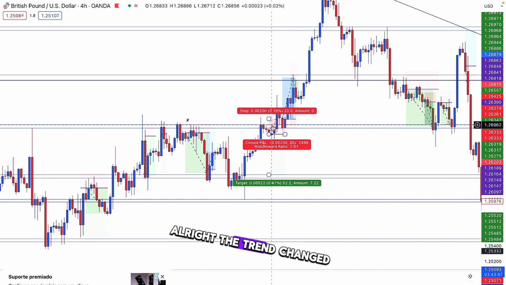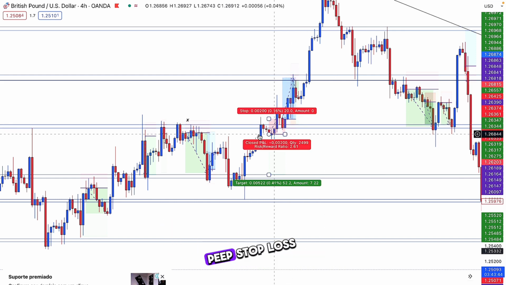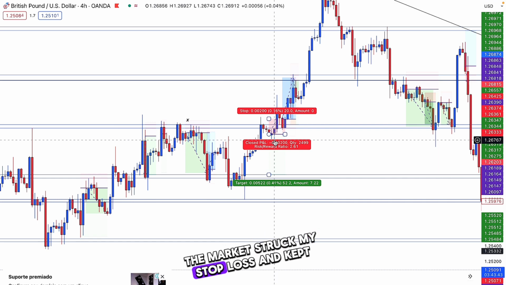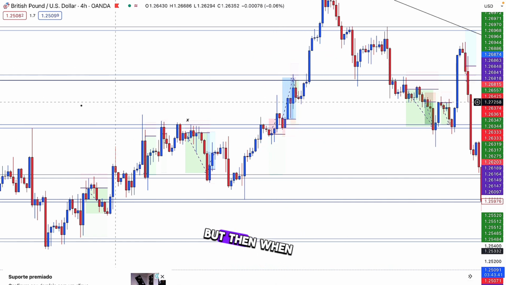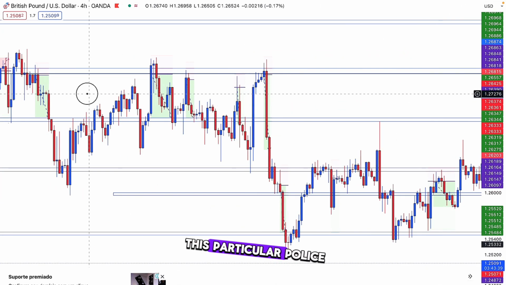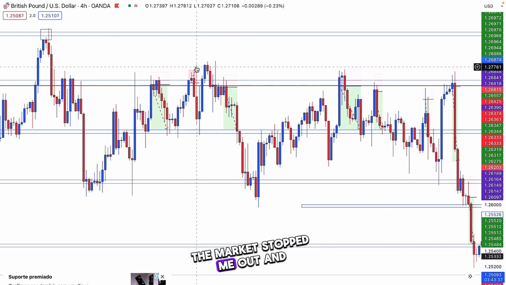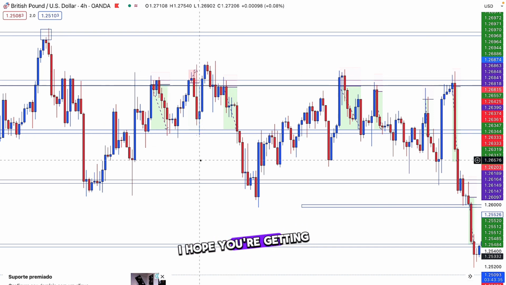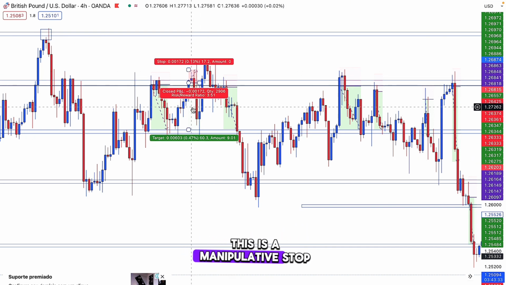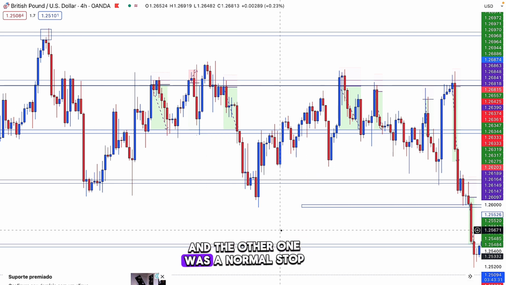The trend changed immediately. Having a 20 pip stop loss, the market struck my stop loss and kept on going. But when I got into this particular place, the market stopped me out and started going in my favor. I hope you're getting the difference. This is a manipulative stop, and the other one was a normal stop loss due to my wrong analysis and wrong bias.